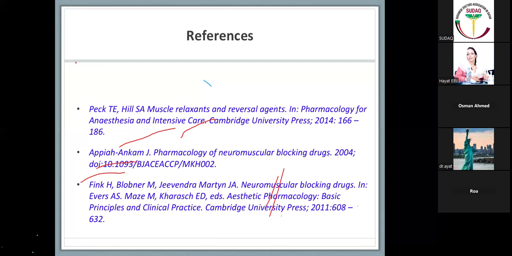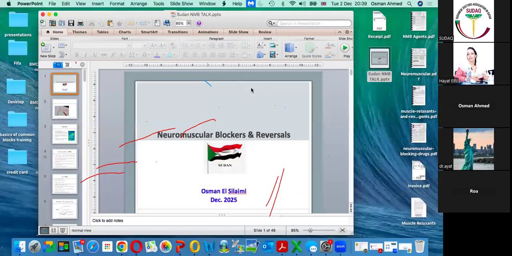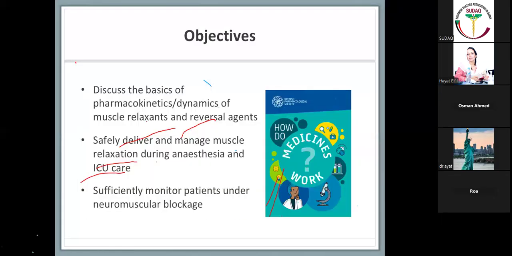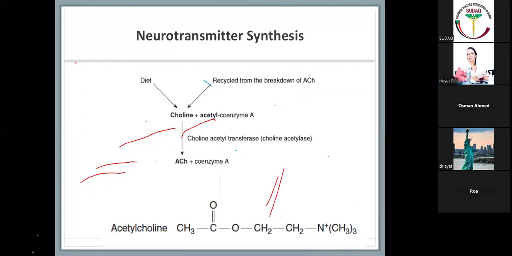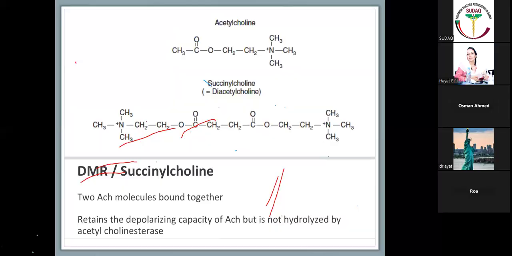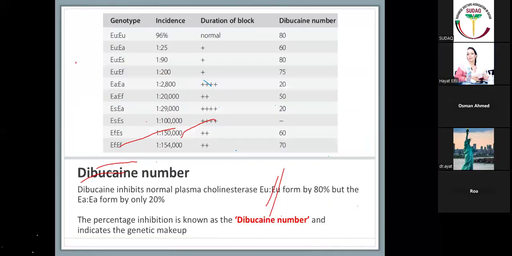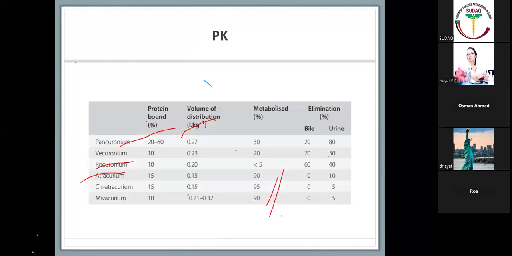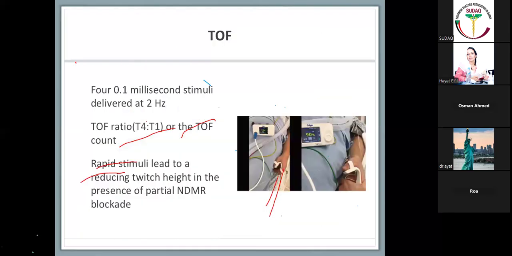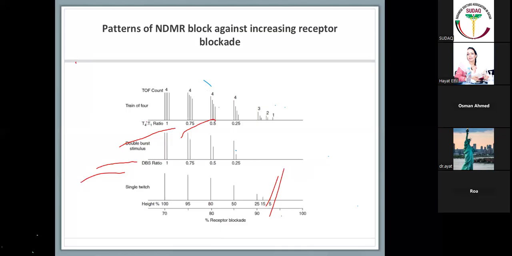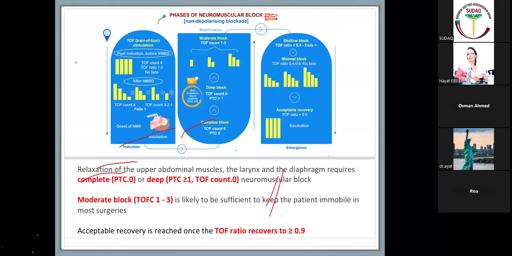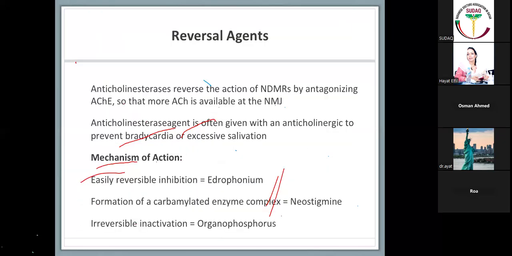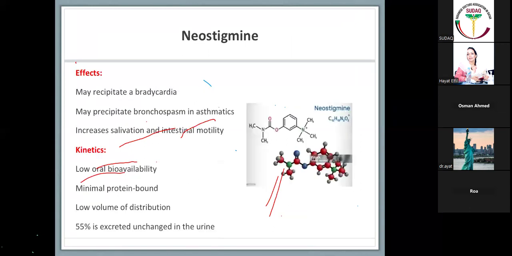Could I push the other slide back, if possible? Actually, this is a very good slide. Probably the question is about when to give reversal. So probably the last slide summarized this. If you have a quantitative monitor, then you really need to consult the monitor before you give the reversal agent.